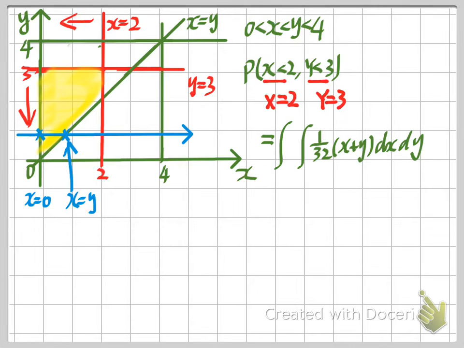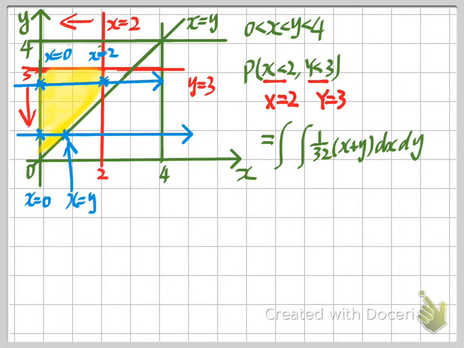However, if I draw this line a little higher, the left intersection is still x equals 0, but the right endpoint, instead of this green line x equals y, is now our right vertical line, x equals 2.